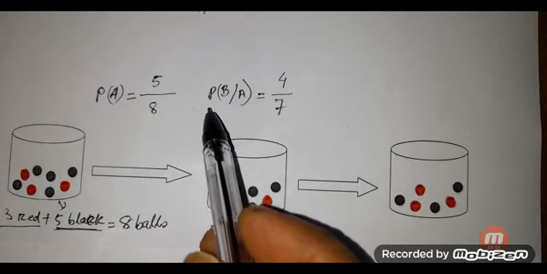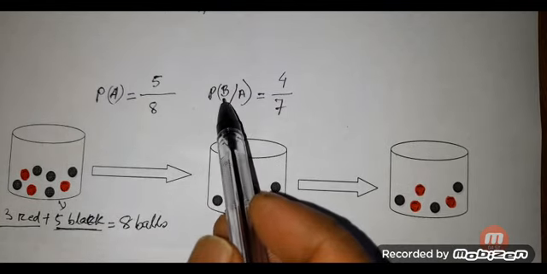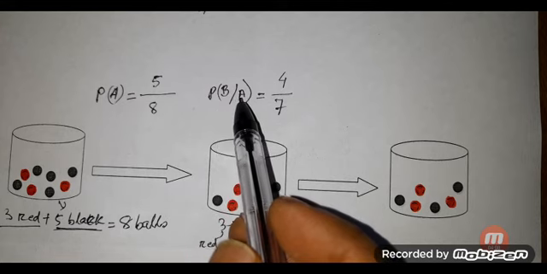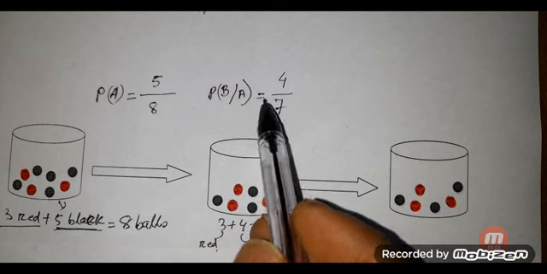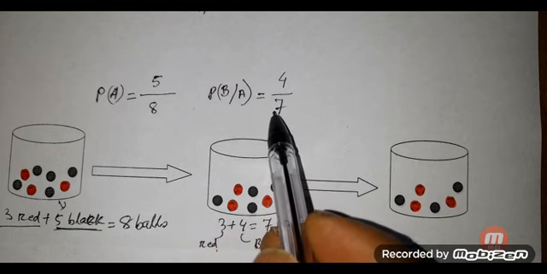Here, probability of B, given that A has occurred, is equal to 4 by 7.